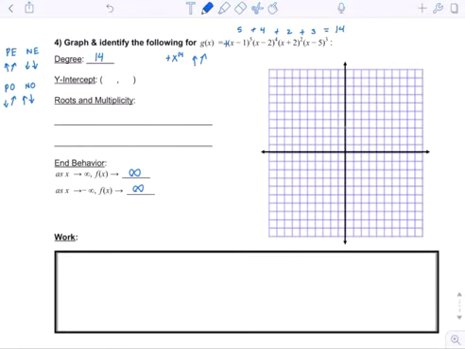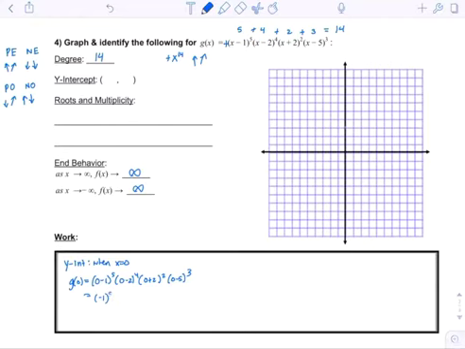Alright, y-intercept, I'm going to write it down here. The y-intercept is when x is going to equal 0. So in my function, g of 0 is equal to (0 minus 1) to the 5th power, (0 minus 2) to the 4th power, (0 plus 2) to the 2nd power, and (0 minus 5) to the 3rd power.